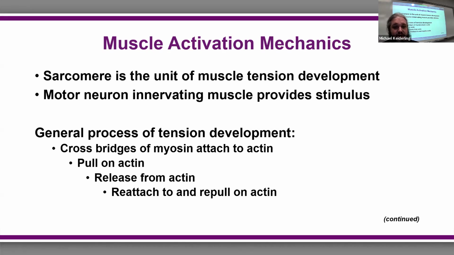So the motor neuron innervating the muscle provides a stimulus, and the general process of tension development is cross bridges of myosin attached to actin, pull on the actin, release from the actin, reattach, and repull. So that's how muscles get shorter. It's like tug, let go, tug, let go, tug, let go, tug.